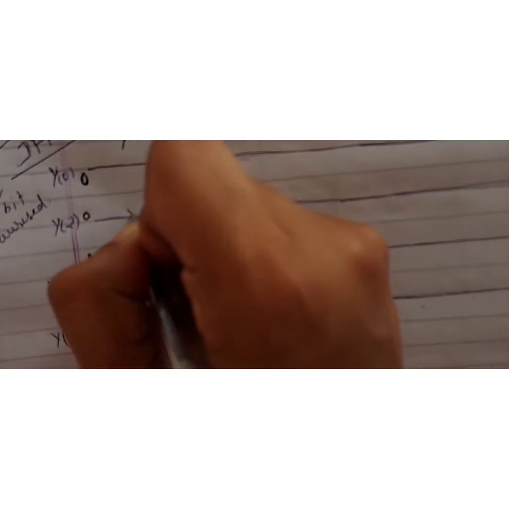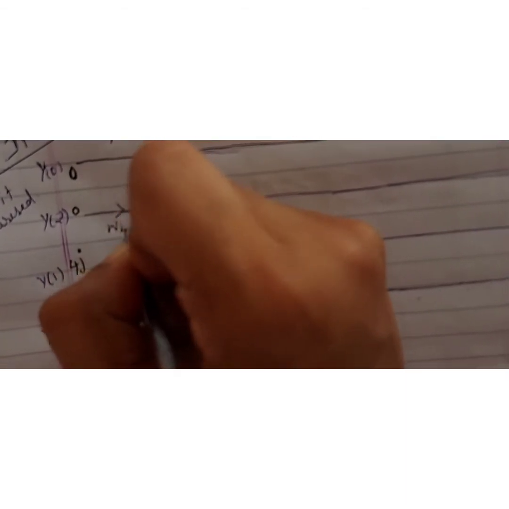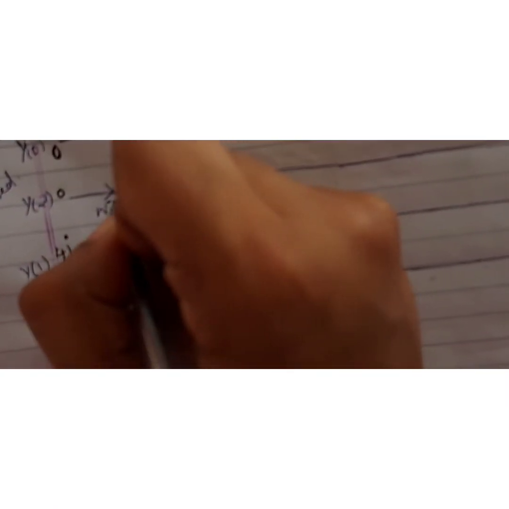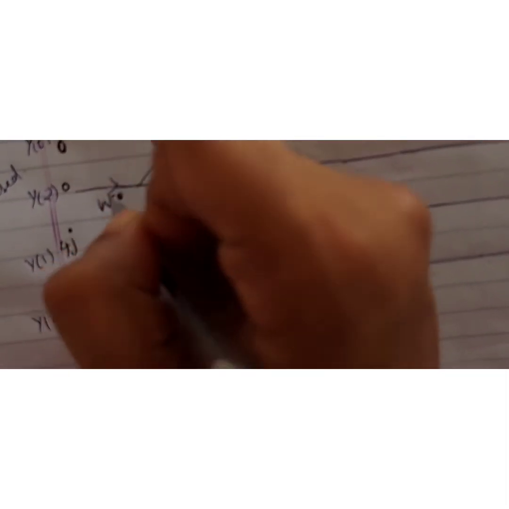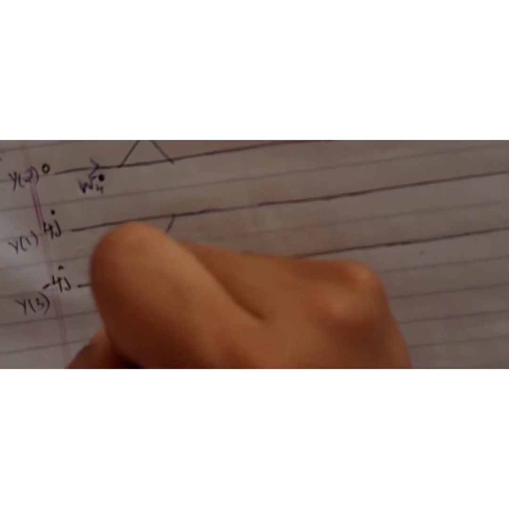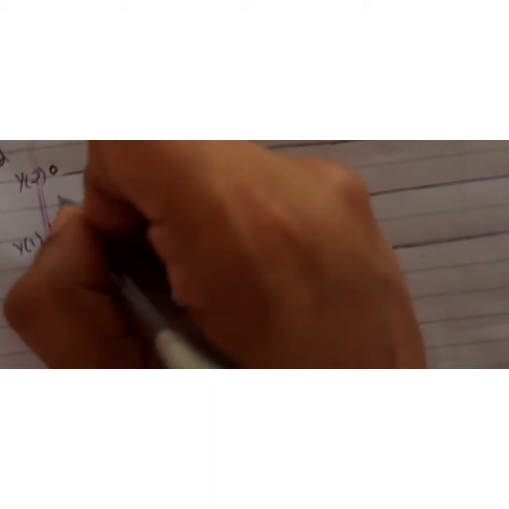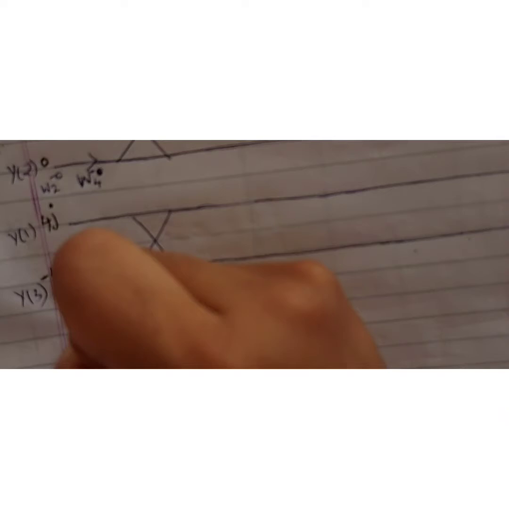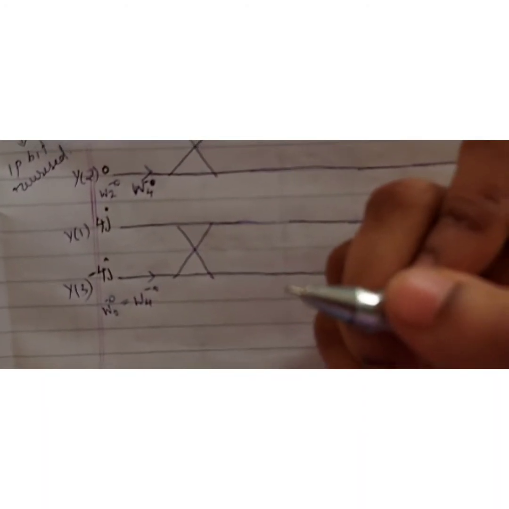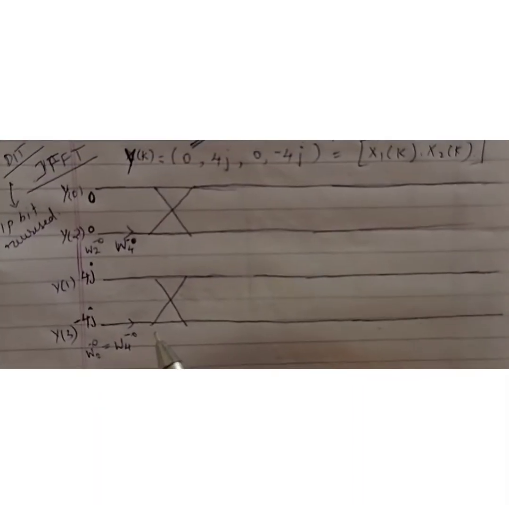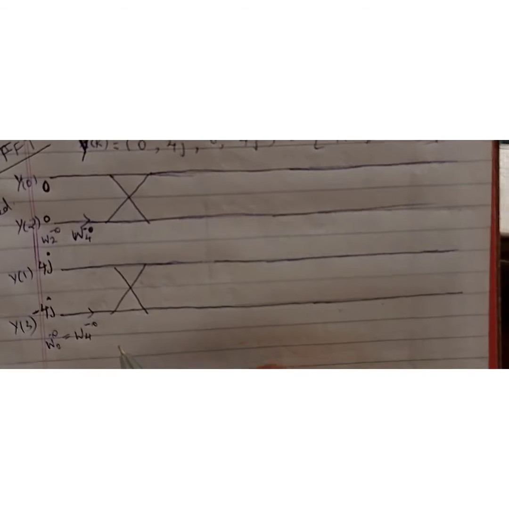So here it's important to write down, this is W4 power 0, minus 0 actually. Okay, there is nothing as minus 0. Here also it is actually W4 power minus 0, which is W2 power minus 0. Same as minus 0, right? Because this minus is because of this term in your expression.